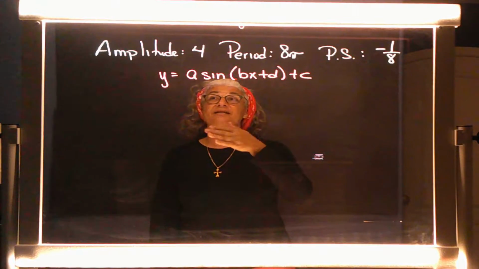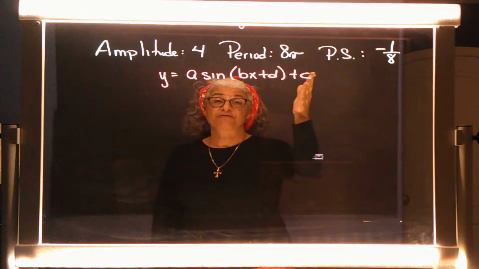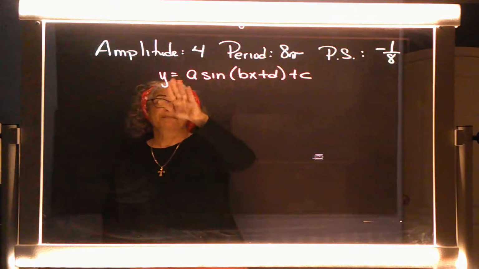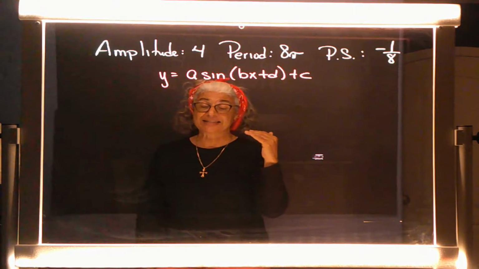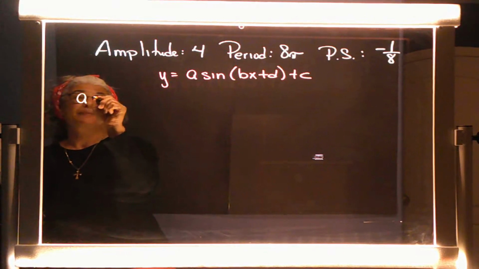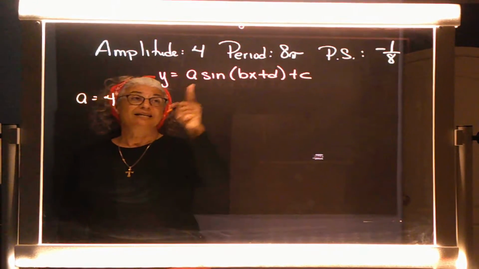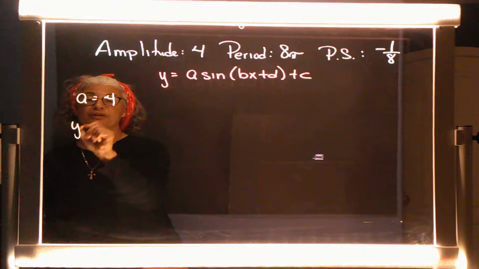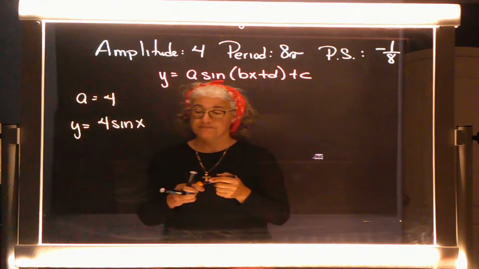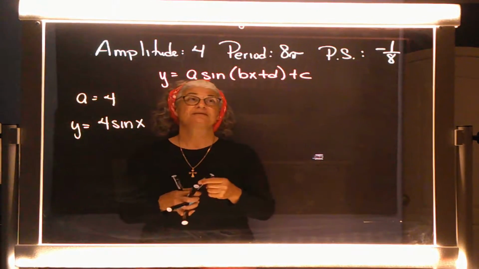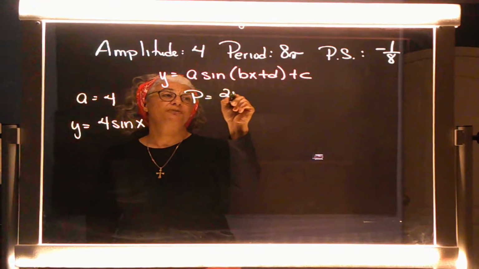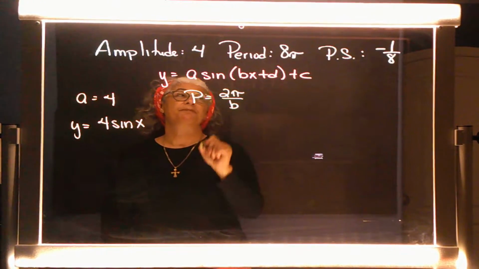Okay, so once again, they gave us this particular information and they still want me to write a sine function. So remember, we start the same way we started when we were graphing. The first thing we identify is the amplitude, which is 4, and that's the a, isn't it? So I already know my function is looking like 4 sine of x. And then the next thing we looked at was the period. Remember, the period is 2 pi divided by b.